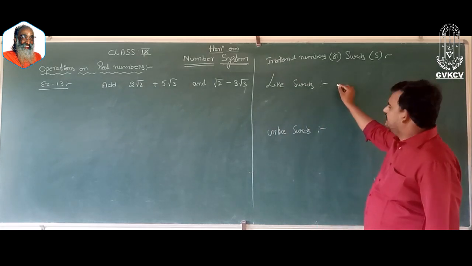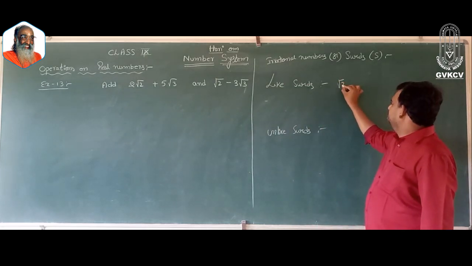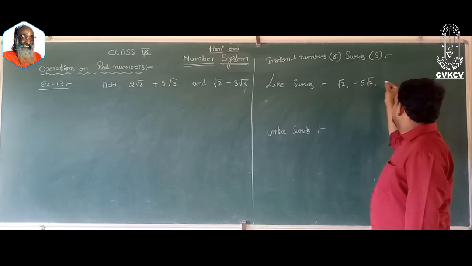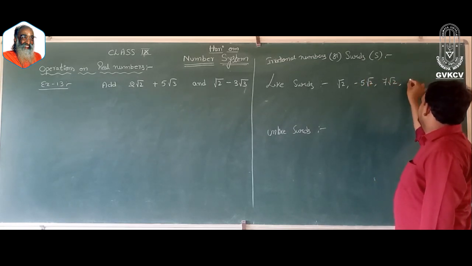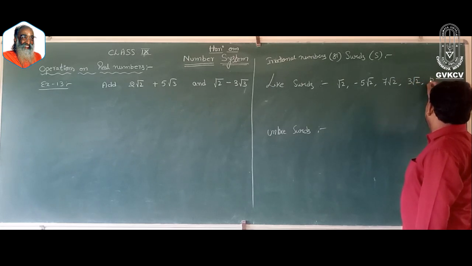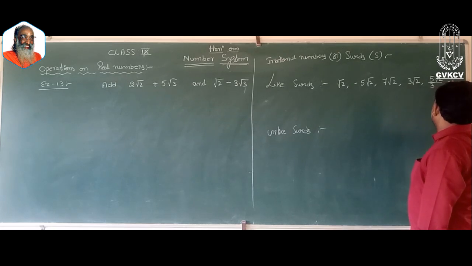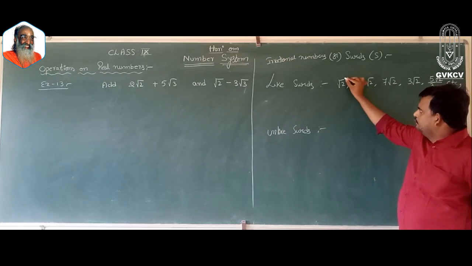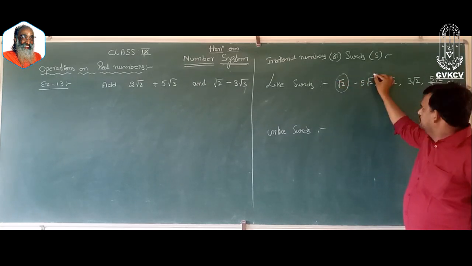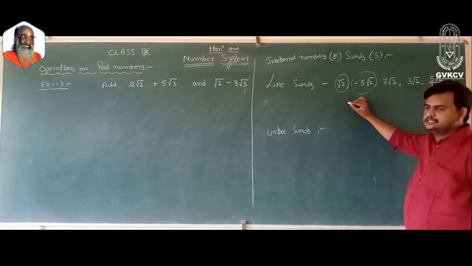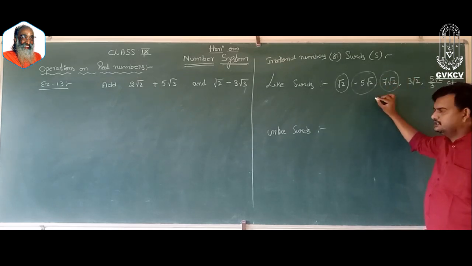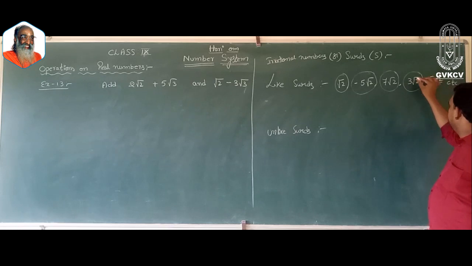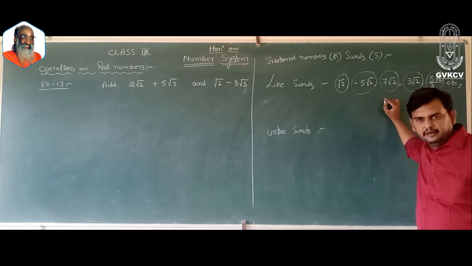For example, here I have a few examples: root 2, minus 5 root 2, 7 root 2, 3 root 2, 5 root 2 by 3, etc. When we observe here, root 2 is an irrational number, minus 5 root 2 is also an irrational number, 7 root 2, 3 root 2, 5 root 2 by 3, all these are irrational numbers.